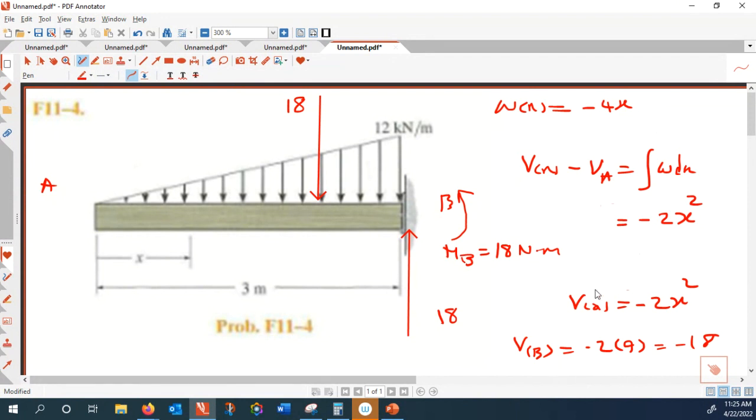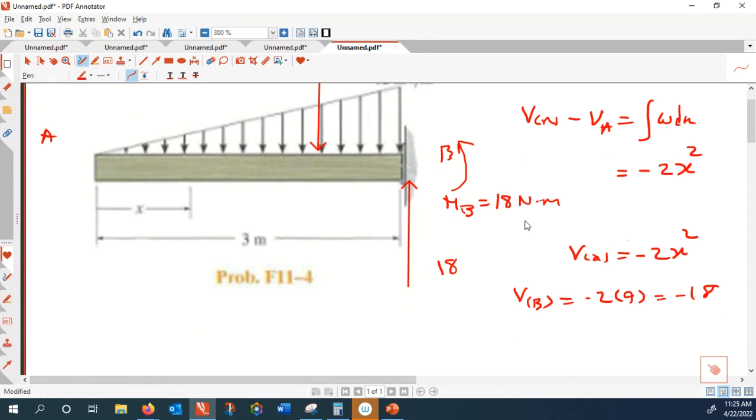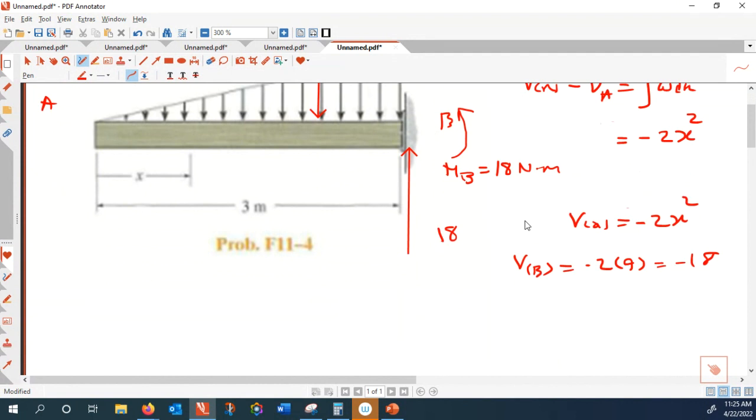All right, let's do the plot. So the plot is a parabola.